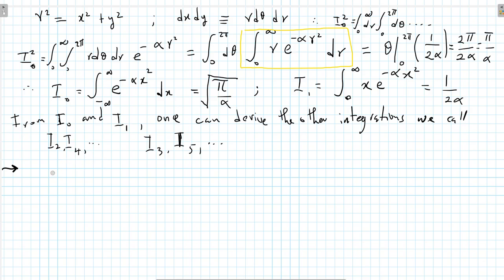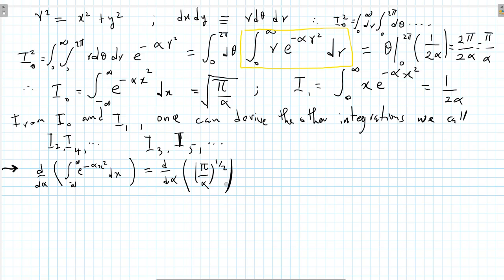So I'm going to write d by d alpha of integration from minus infinity to plus infinity e to the minus alpha x squared dx. Whatever that is, it has to be equal to d by d alpha of square root of pi divided by alpha. Okay, and doing the differentiation, then we can get the formula for I2.